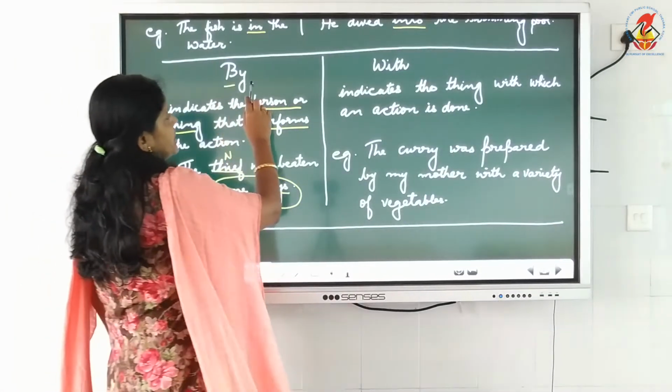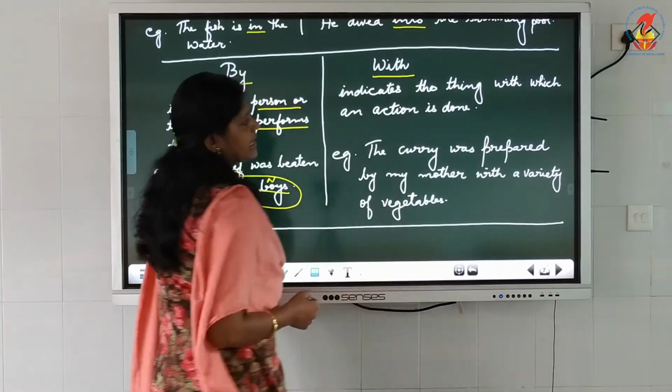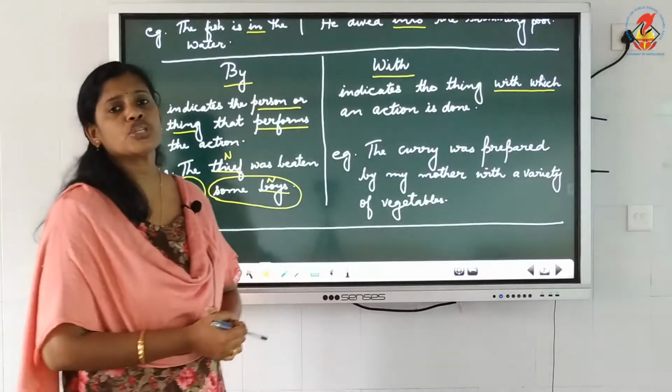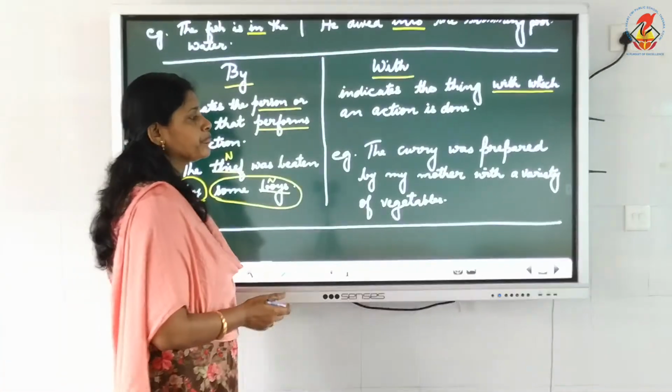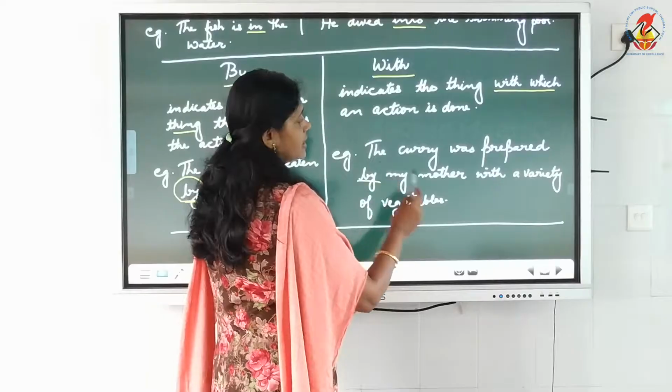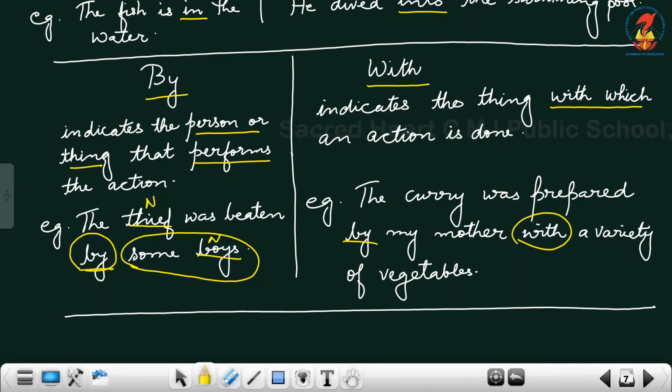The word with indicates the thing with which the action is done. Here, by tells who is doing the action, and with tells the thing with which you are doing the action. The curry was prepared by my mother with a variety of vegetables.